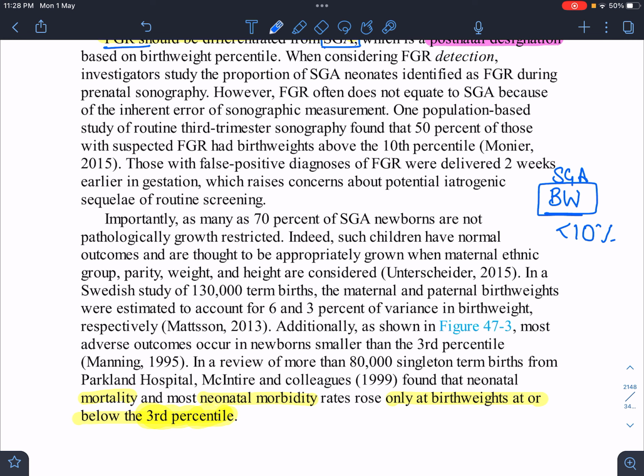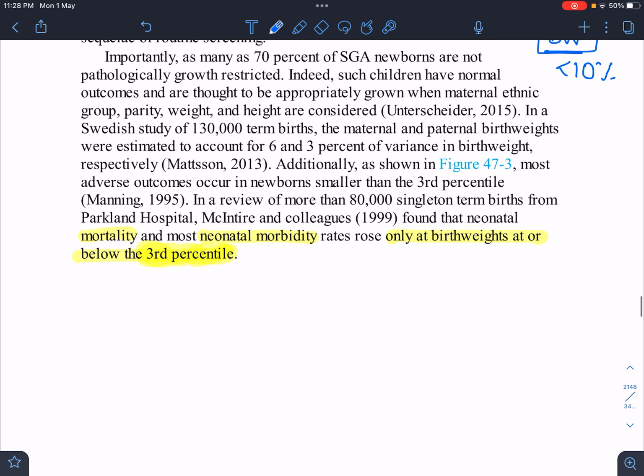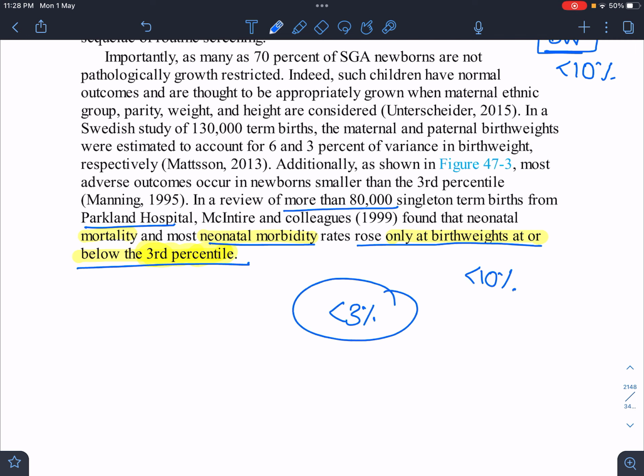Then this and all you know. Then we move on to, in a review of more than 8,000 studies at the Parkland Hospital, they found that neonatal mortality and morbidity rate rises only at birth weights at or below 3rd percentile. So even if there is less than 10th percentile, less than 3rd percentile is a much more alarming change.